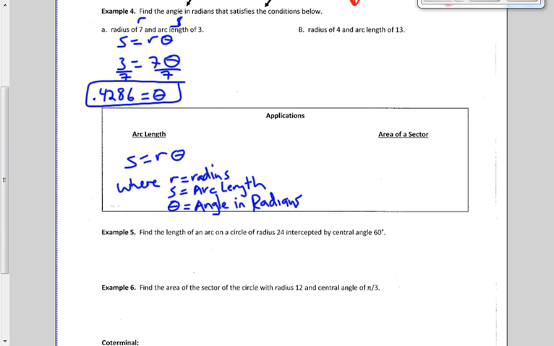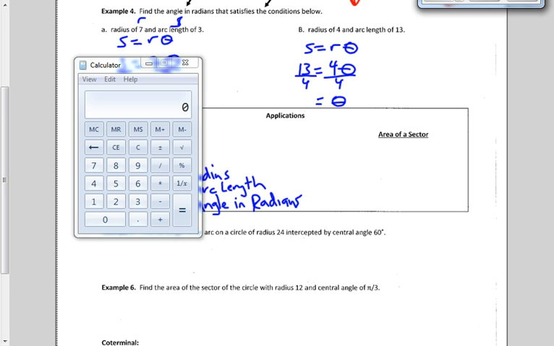Okay, that's the measurement. The next one, the radius of 4. So I've got a radius of 4 and an arc length of 13. Divide by 4. And theta is going to be 13 divided by 4, which is going to get us 3.25.